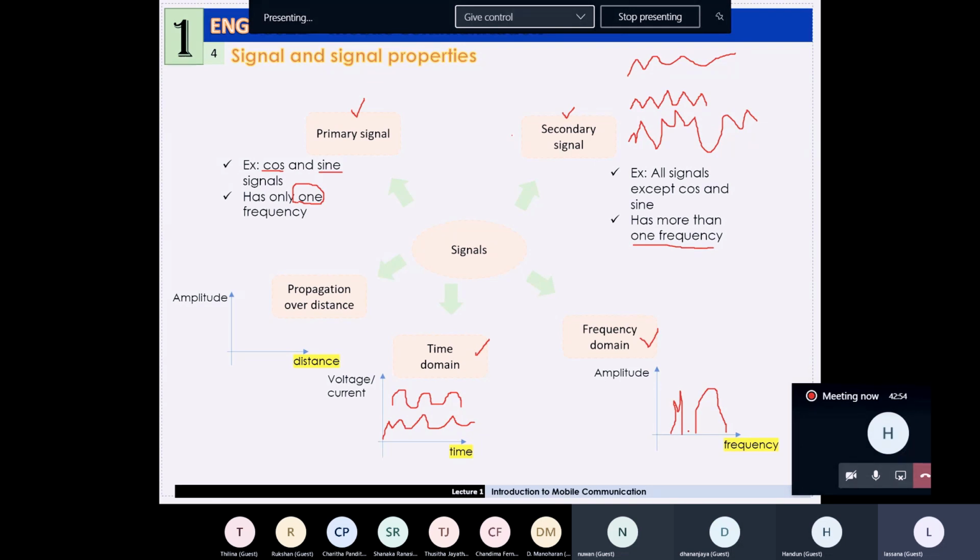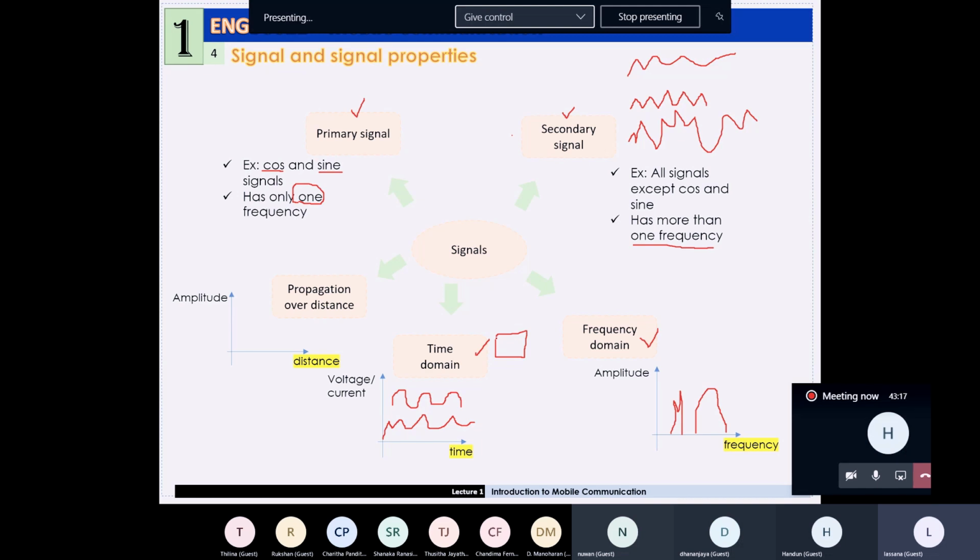Sometimes you may have already heard, for example, while you were doing your A-level physics, there was a particular piece of equipment in your physics subject called the cathode ray oscilloscope, or CRO.